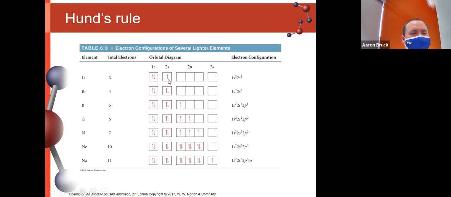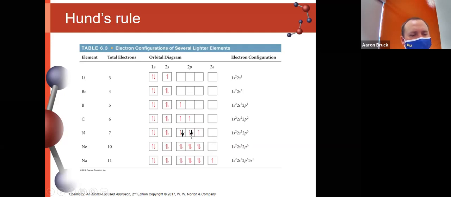And so we see this pairing take place here between lithium and beryllium. And then once we get to boron, now we see Hund's rule take over, where each electron fills a different orbital before we start to pair them up. And so oxygen would have an additional electron paired up here.